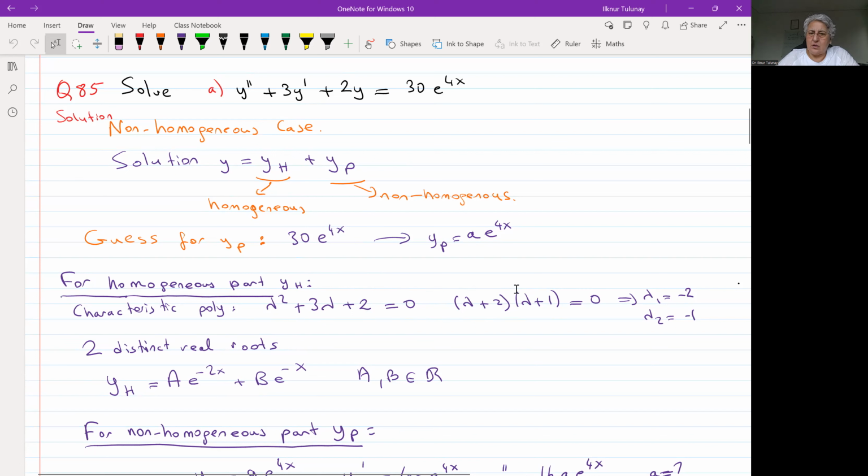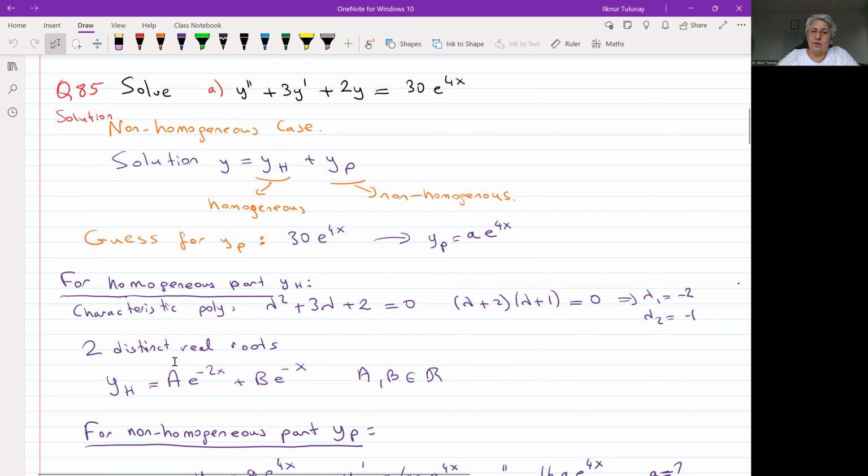That is lambda squared, then 2 lambda plus lambda is 3 lambda, and 2 times 1 is 2. So this is the correct linear factorization of this quadratic polynomial. From the first linear factor, lambda 1 is equal to minus 2 is a root. Lambda 2 is equal to minus 1. So we have two real distinct roots.